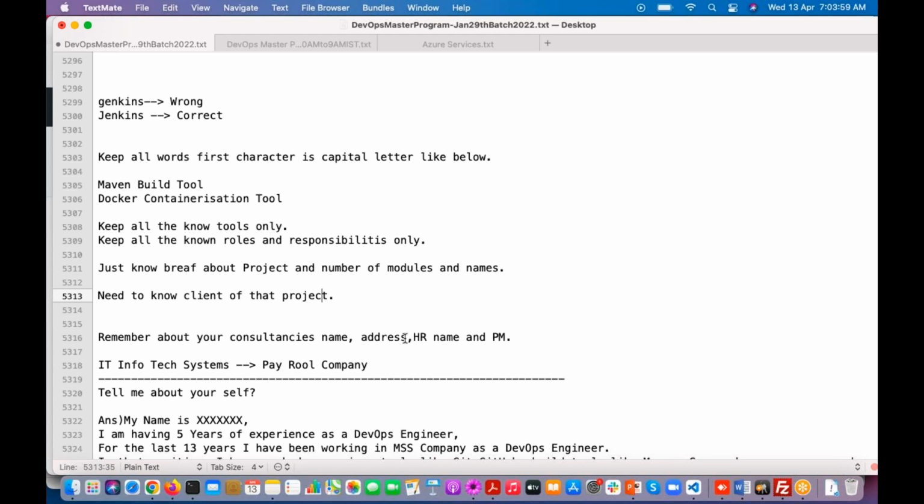Sometimes interviewers are going to ask, hey, can you tell me your payroll company address and any nearby landmark? Can you tell me your HR name, project manager name? So you should already get all these details when you are taking that document from the consultancies.